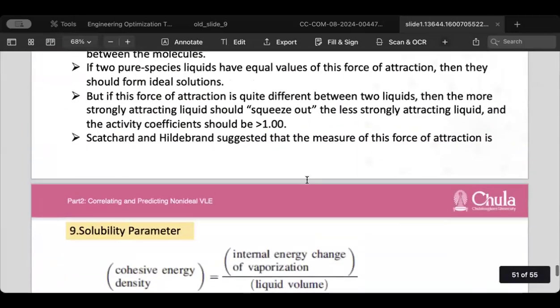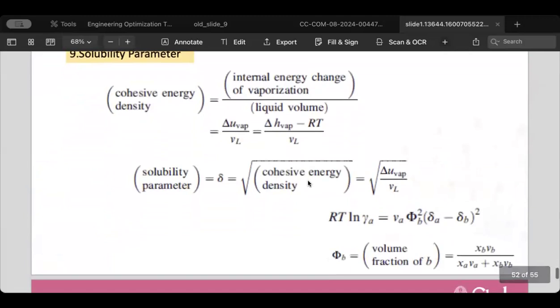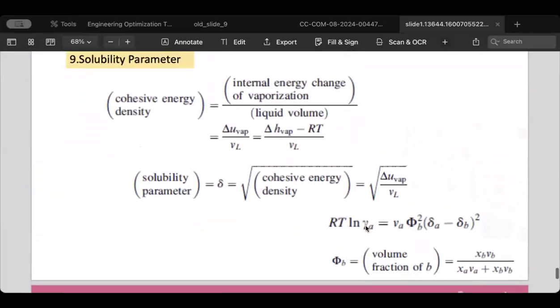Okay. And the other thing is solubility parameter. There's a connection between solubility parameter and gamma. If you don't have activity coefficient model, you don't know activity coefficient, but you have information regarding the delta, the solubility parameter, you can estimate the activity coefficient by using solubility parameter.